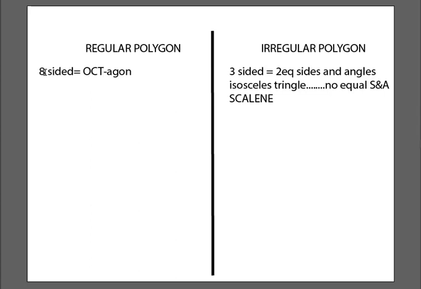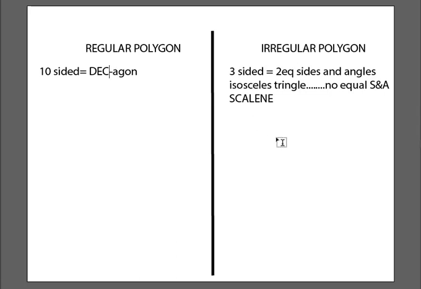We've got a 9-sided shape, which we call a nonagon, and a 10-sided shape, which we call a decagon. We go on to 11-sided and 12-sided, but we don't really care about those when we are doing our IGCSE or O-level mathematics.